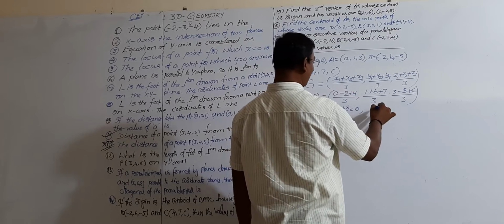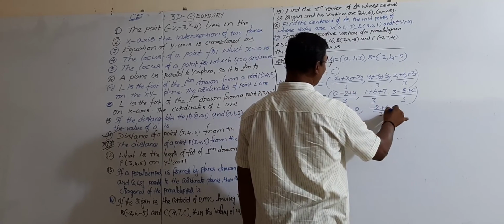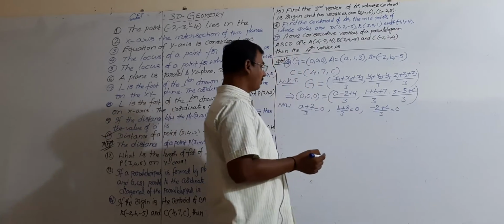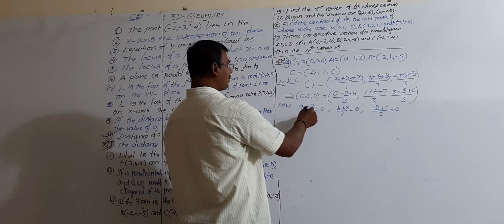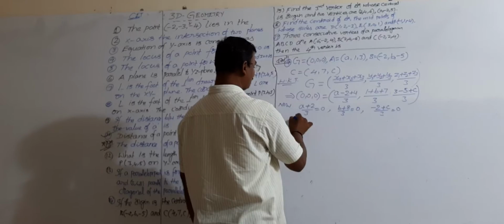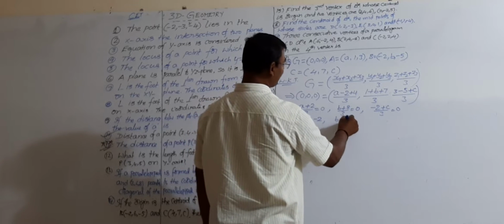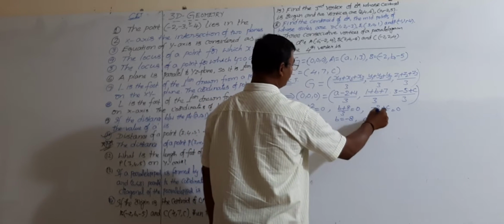Equating the third coordinate: minus 2 plus c divided by 3 equal to 0. Find the values: a is equal to minus 2, b is equal to minus 8, c is equal to 2.